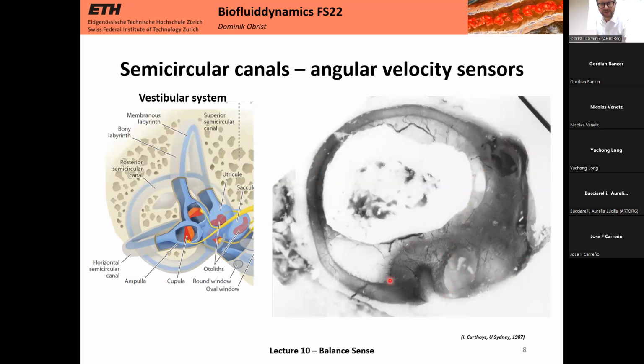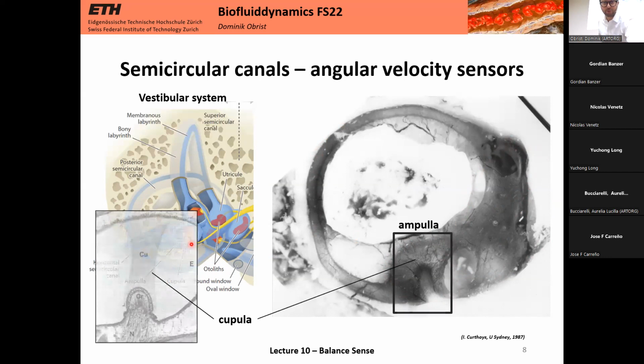Then we have this structure here, and this refers to this structure here. This is called the ampulla, this widening of the canal. It hosts a structure inside, in this picture on the right. You only see the bottom half of it, which is called the crista. But the main thing, which you don't see here but see in this picture, is the so-called cupula.